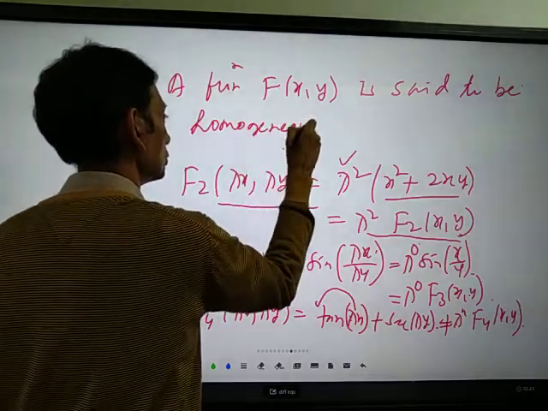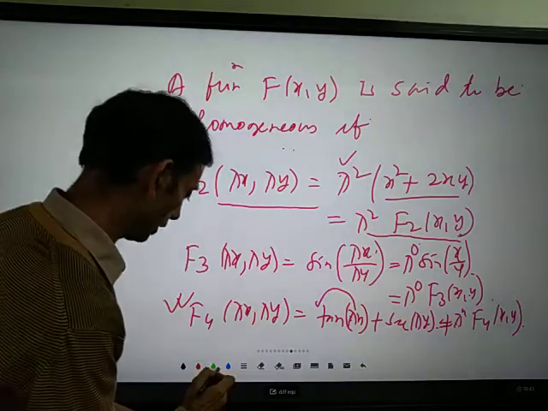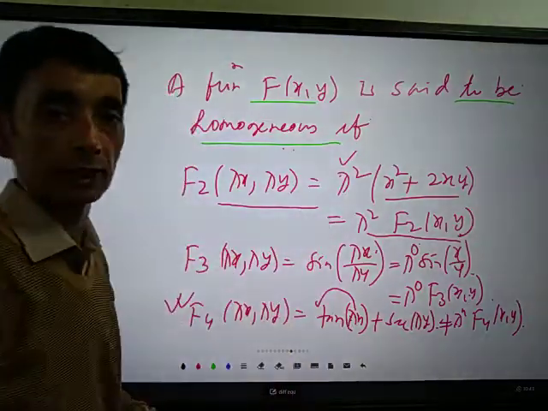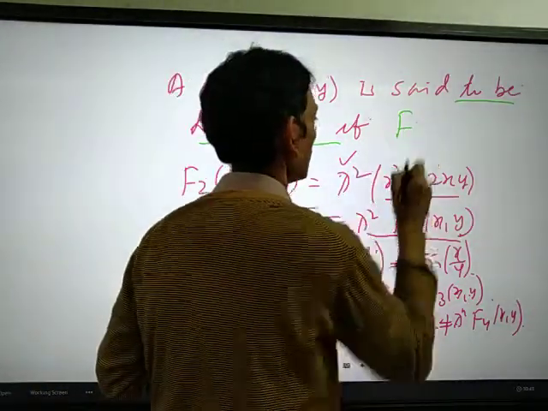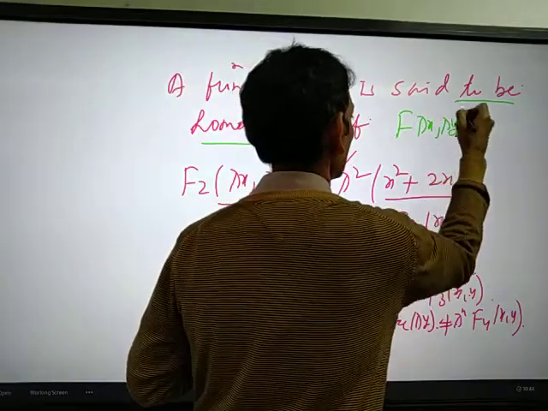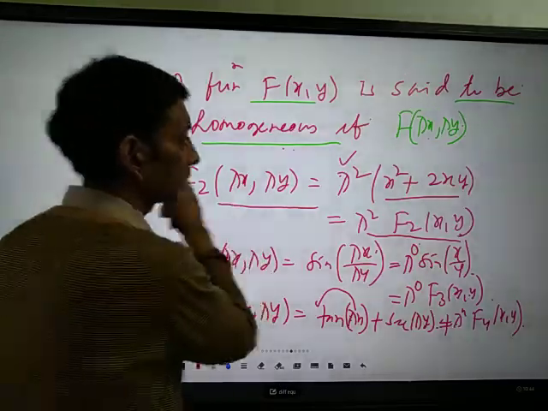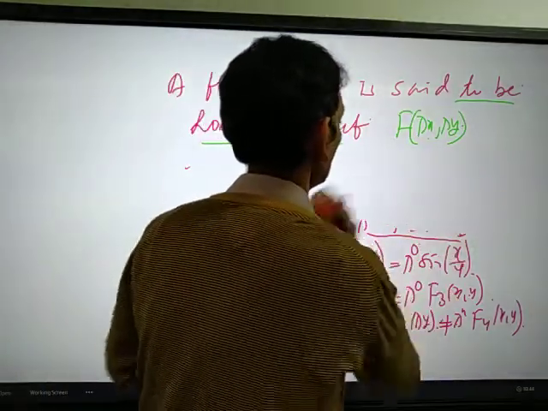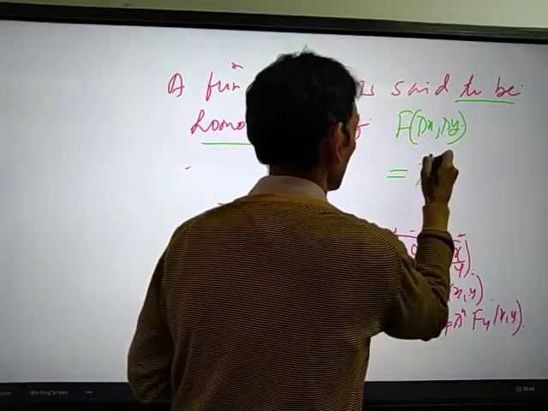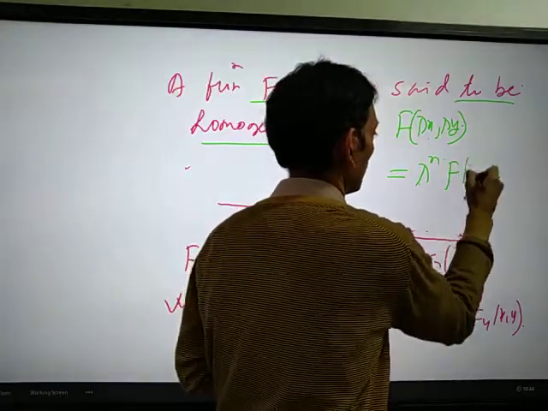A function f xy is said to be homogeneous if f lambda x, lambda y can be written in the form of lambda to the power n f x comma y.